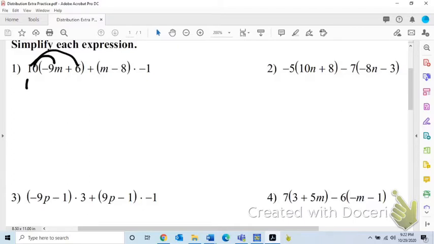So we're also going to take that, so we have 10 times -9 plus 6 times 10. And then we have to take that -1 and distribute that as well.